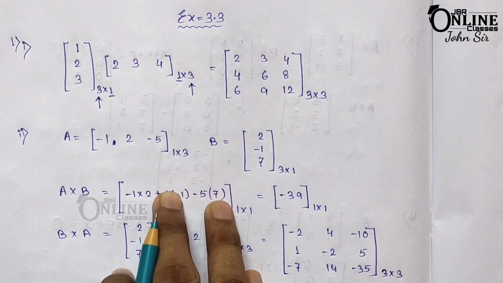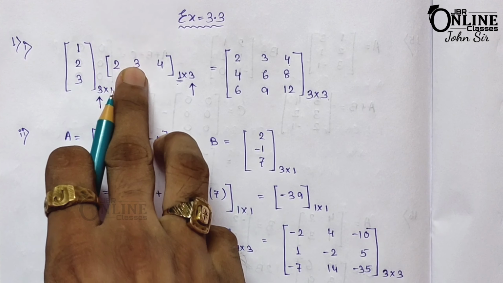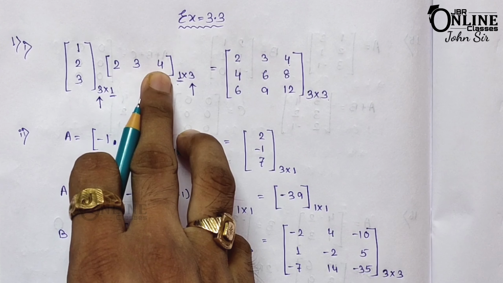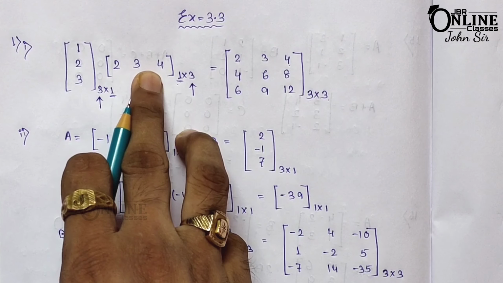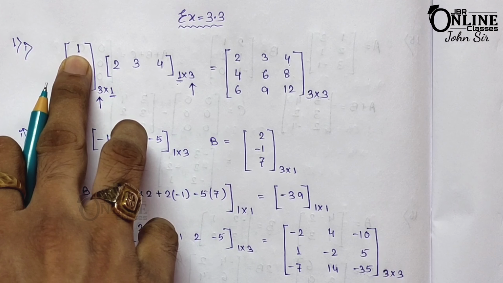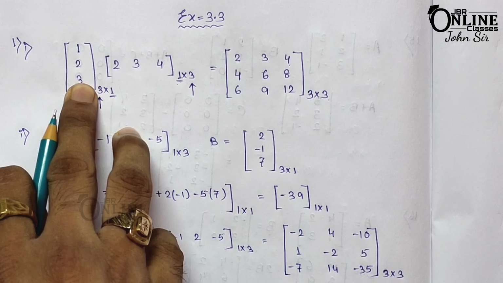I repeat, you have to multiply each and every element from the first row of the second matrix separately with the elements of the first column of the first matrix.